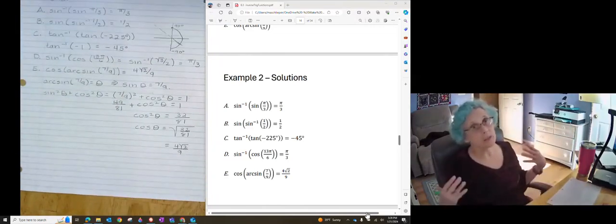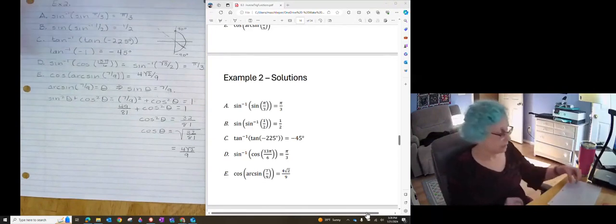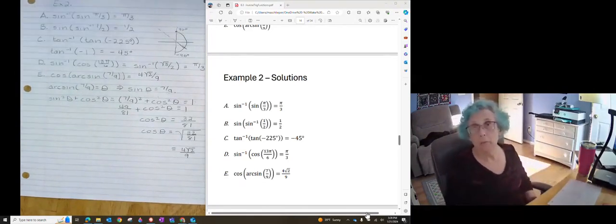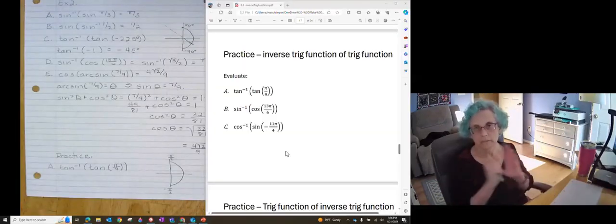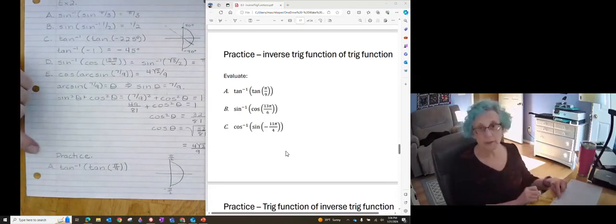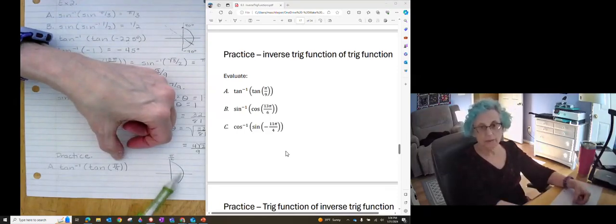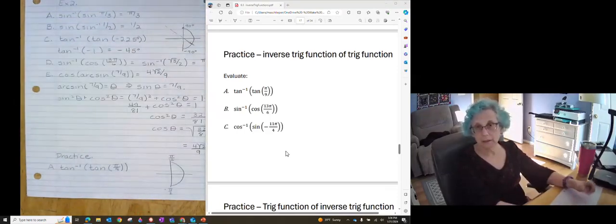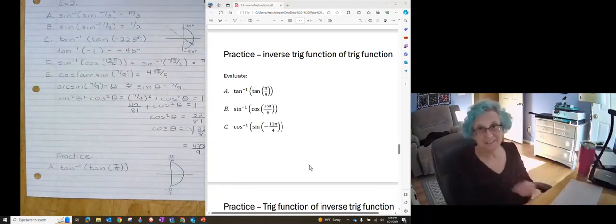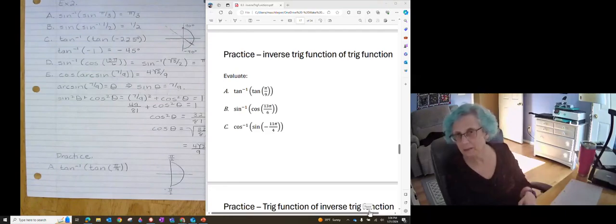So it doesn't always have to be a special angle if we're doing a composite. So give these practice problems a try. Remember, first thing you ask yourself is: is this input within that restricted domain? If it is, easy. So give them a try and we'll meet back and compare.